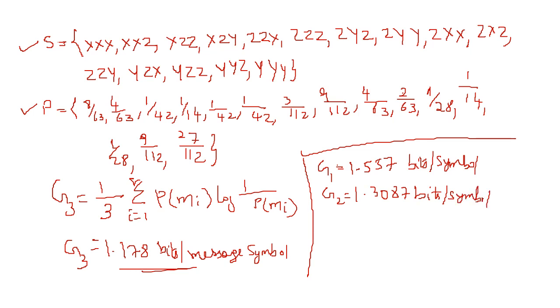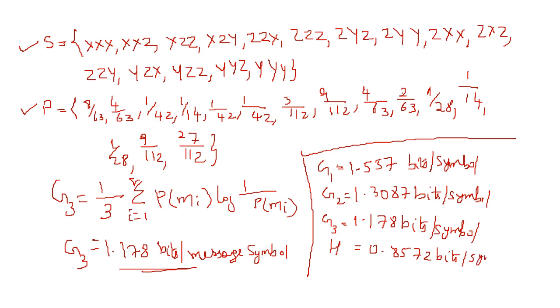Next we got G3 equal to 1.178 bits per symbol, and we got H, the entropy of the source, as 0.8572 bits per symbol.